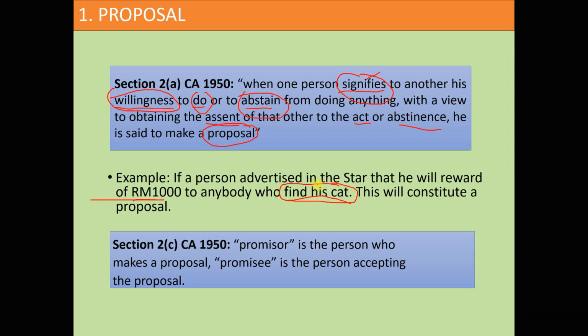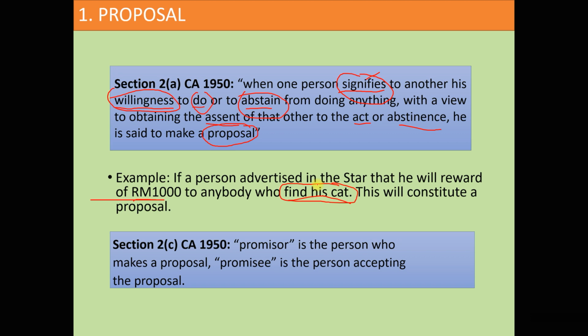So further, under section 2(c), it defines promisor as the person who makes a proposal, and promisee as the person accepting the proposal. So there must be at least two parties in the contract. There must be at least two parties.